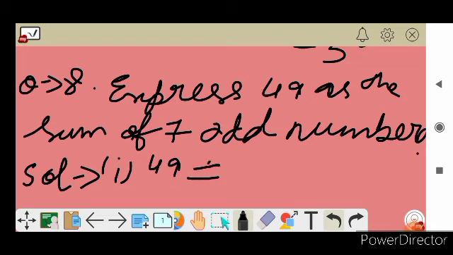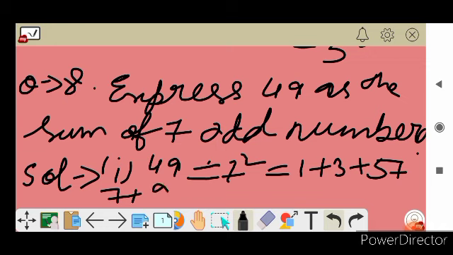So 49 equals the square of 7, and we will write 1 plus 3 plus 5 plus 7 plus 9 plus 11 plus 13. The sum of all these numbers is 49. The second part you can do yourself.